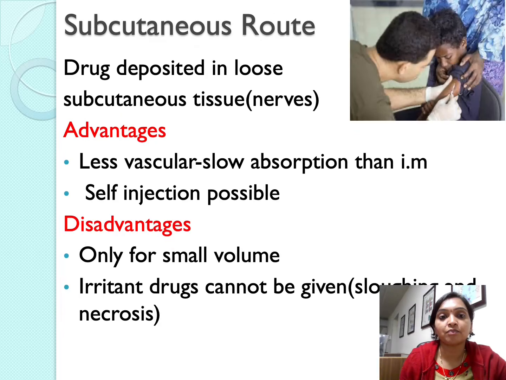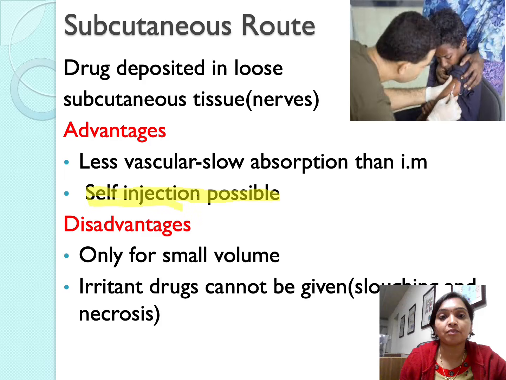And the next one is the subcutaneous route. As the name suggests, the drug is deposited in the loose subcutaneous layer of the skin, and since it is a less vascular area, absorption is slower than IM, and self injection is possible. This is one thing which is very important.